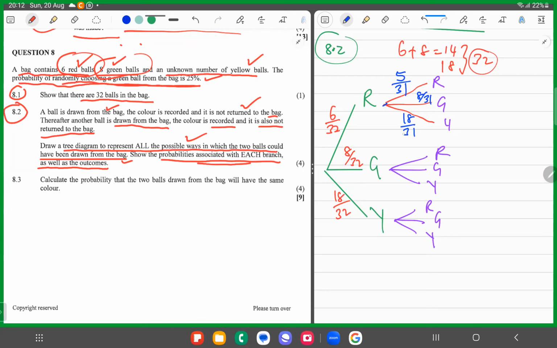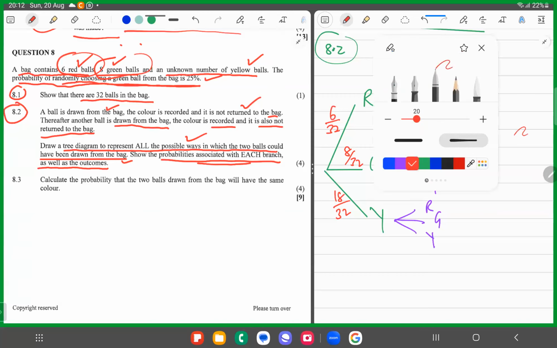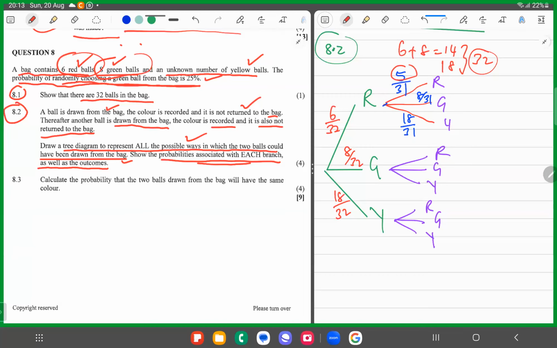Right, obviously we're looking at the possibility that in the second withdrawal they withdraw a red ball, that is the chance. But if they do not take a red ball out and you still have 31, they can take 7 out of 31, which is green, or 18 out of 31.